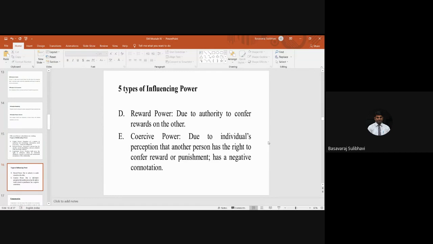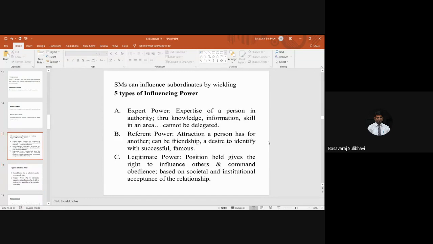A sales manager should have one or the other type of power. Otherwise, handling subordinates becomes very difficult. Getting work done and getting obedience from the subordinates becomes very difficult if they do not possess one or two of these powers.